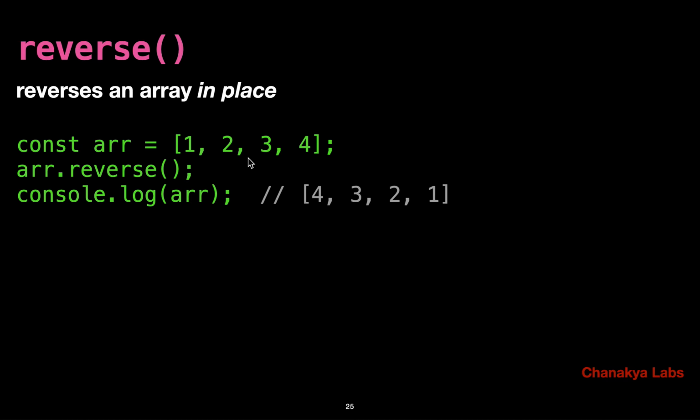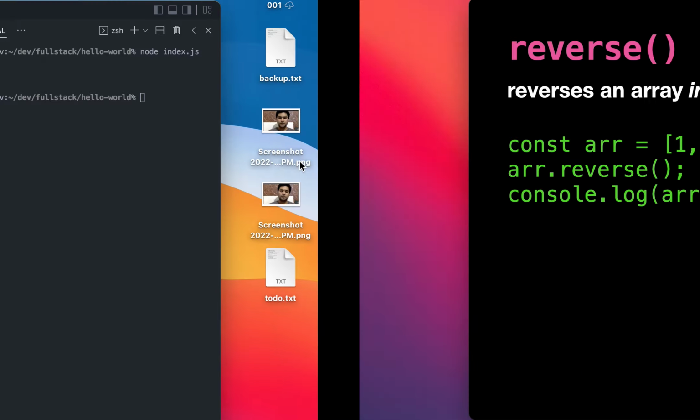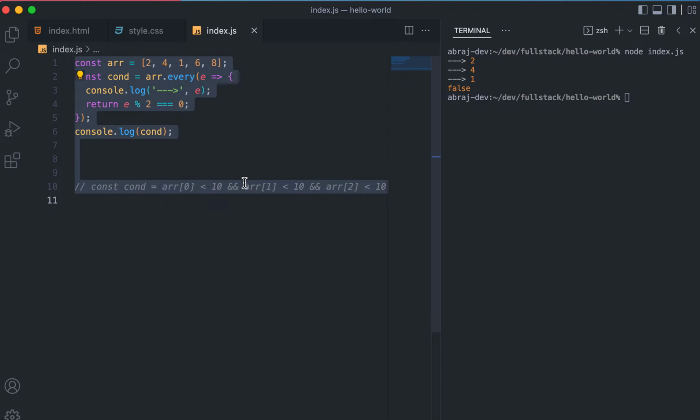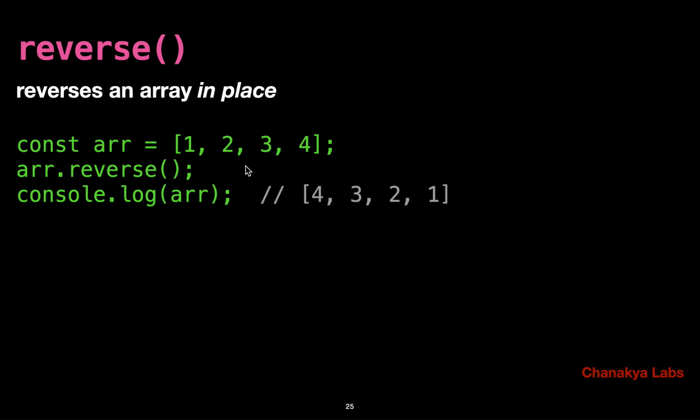And you should understand that this is not reverse sorted, this is just reverse. Let me show you, you can apply it on this array also. It was already sorted, and that's why it now looks reverse sorted, but reverse doesn't bother how your elements are ordered, it just takes and reverses it.